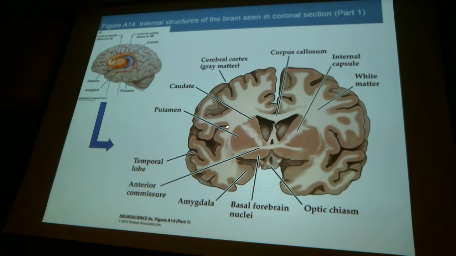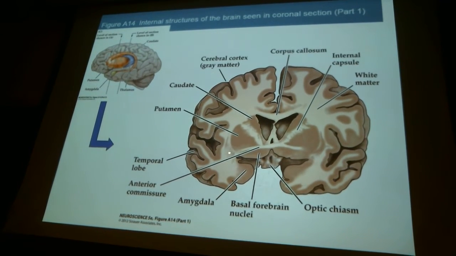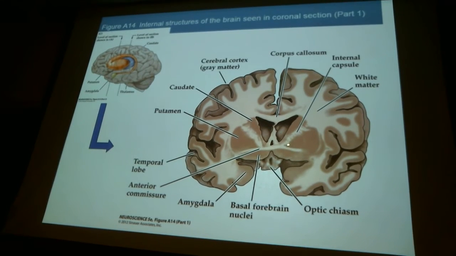But sitting in the middle here, the biggest chunk of this forebrain, are these basal ganglia. We're going to show a bunch of slides, so don't worry if you don't catch on just now. Here is caudate and putamen, so it's this wedge shape right here, and it's bounded by a ventricle over here, and a white matter over here, and the anterior commissure down here. Okay, and then on the other side is the same thing.